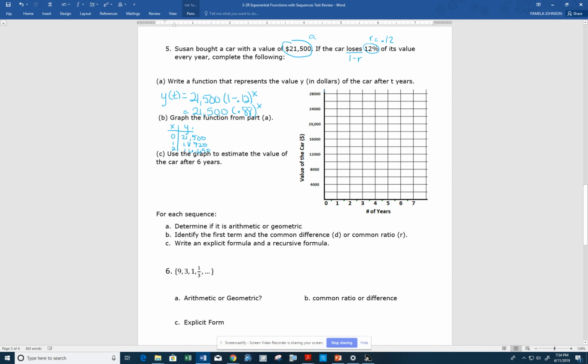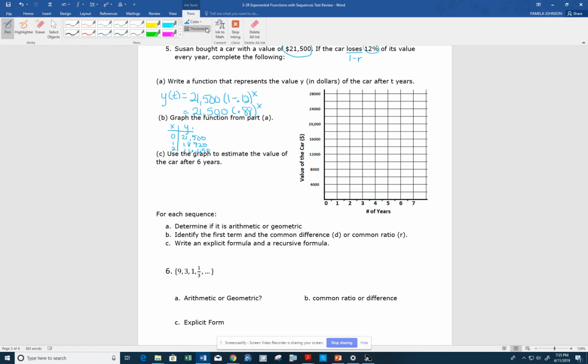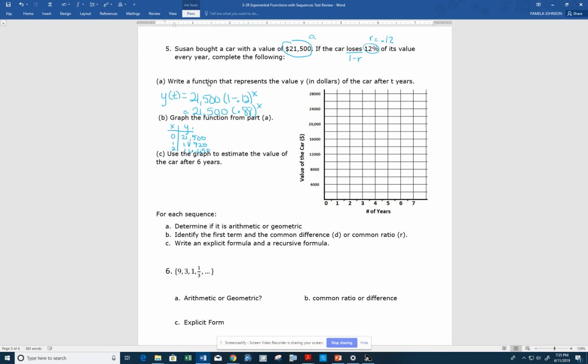Okay, so we're going to start by graphing 21,500. Now these lines are every 2,000. So here's 20,000, here's 22,000. 21,000 is kind of right here in the middle, and 21,500 is going to be right there. Let me make my pen a little bit bigger so it's easier to see these points.